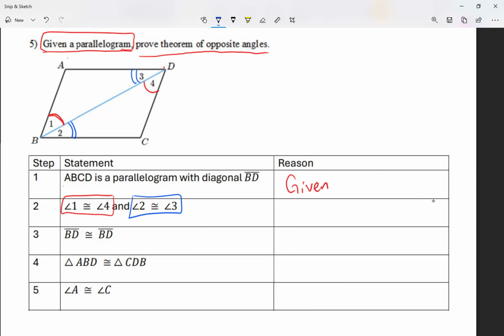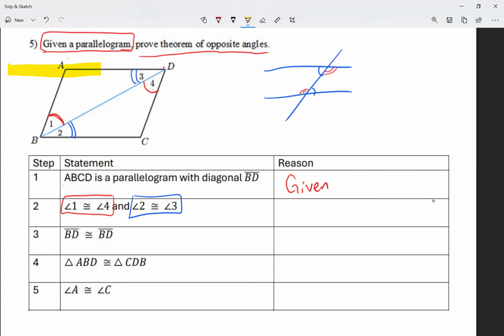I remember back in the days, we used to see parallel lines with a transversal. And I used to say that alternate interior angles were congruent to each other. So this angle was equal to this angle, and the same with this angle and this angle. Remember, we used to call that alternate interior angles? Well, that's basically what I have here.